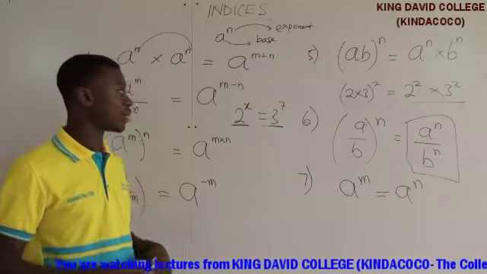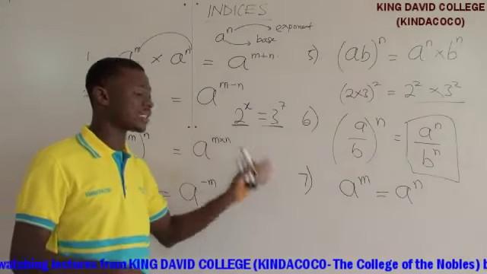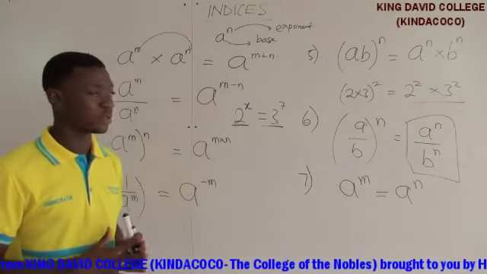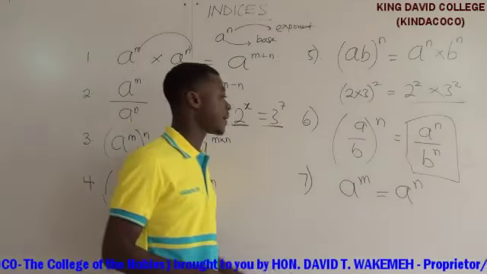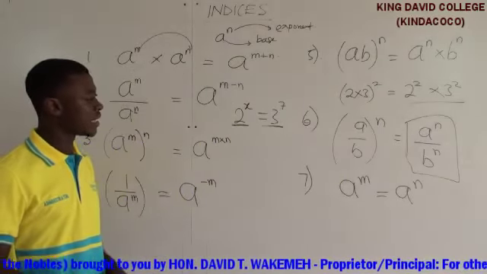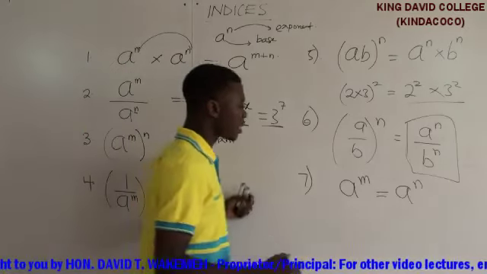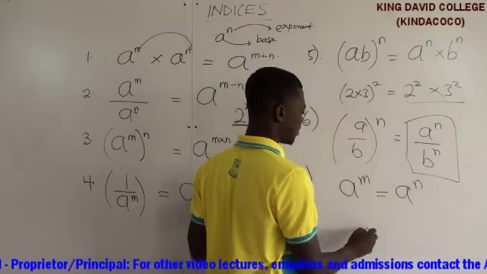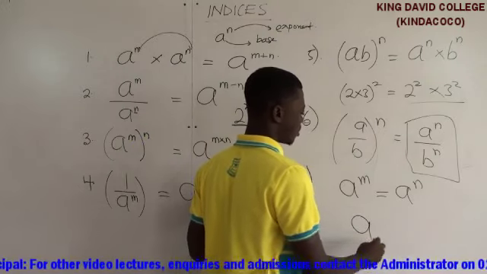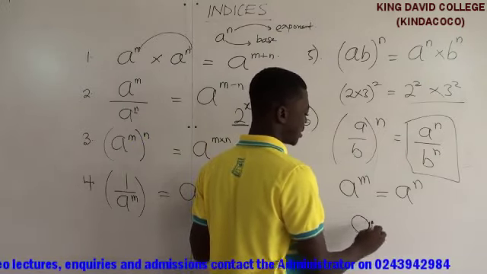But at this level, they will give you things that you can actually make the same after you take the log of this. So here, if the bases are the same, then you equate.